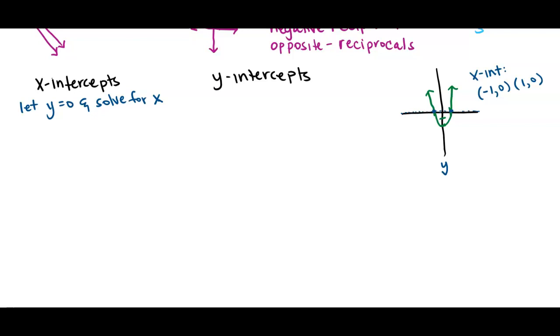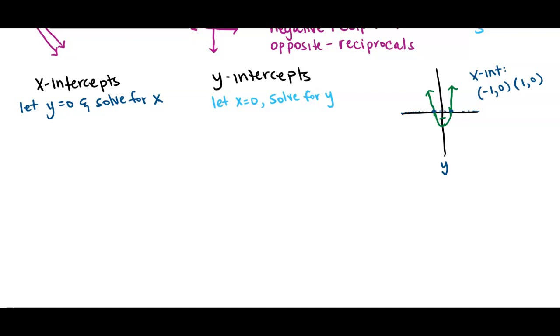And then the y-intercepts are just the other way around. It's saying, let x equal 0 and then solve for y. You'll do the solving part if you're given an equation, which most of the time you are, more often than a graph, when they're asking you to do this. But I want you to see it graphically too.